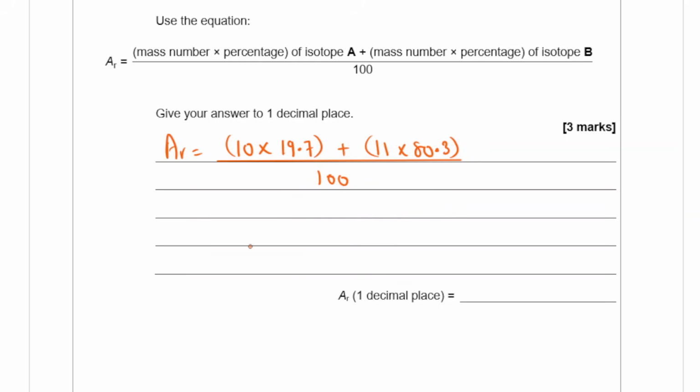That should give me 10.803. Now they want the answer in 1 decimal place. So that would be 10.8.